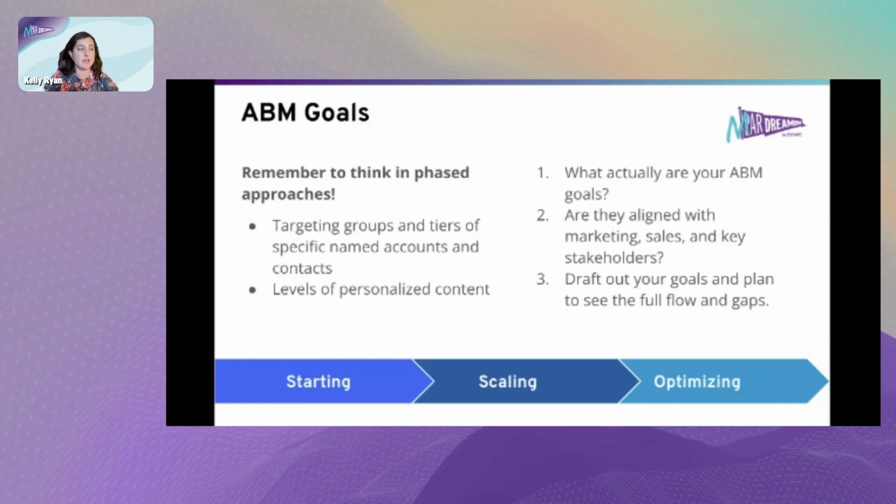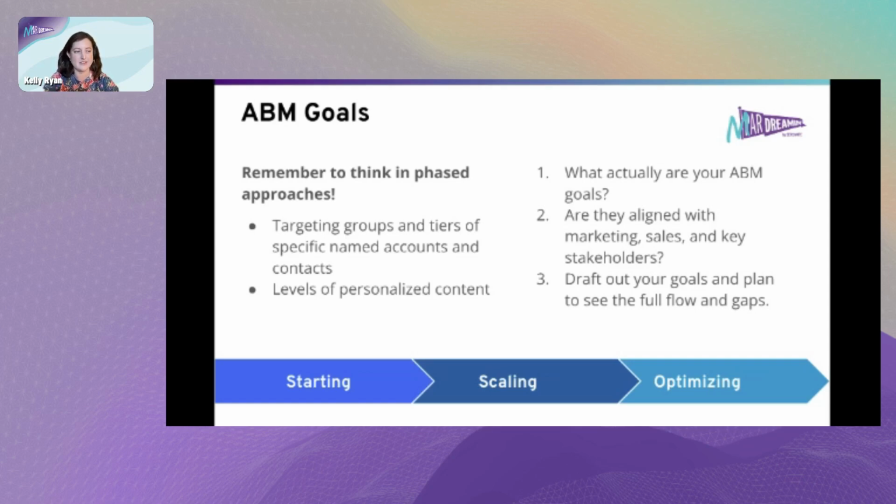So when we keep that in mind, think in phased approaches. We want to target groups and tiers of specific named accounts and contacts. And then we want levels of personalized content. We don't have to go hard and go crazy all at once. We can do levels of it. And if you think of it this way, we're going to do starting, scaling, and optimizing. So these are our stages or phased approaches to ABM.